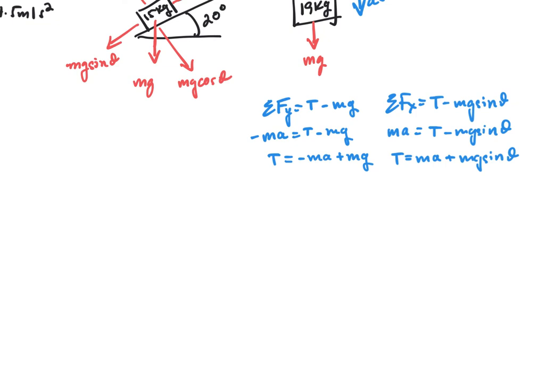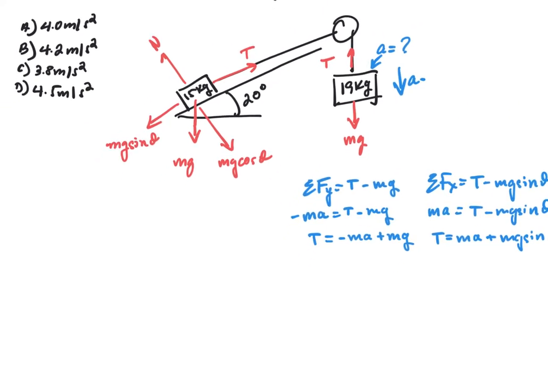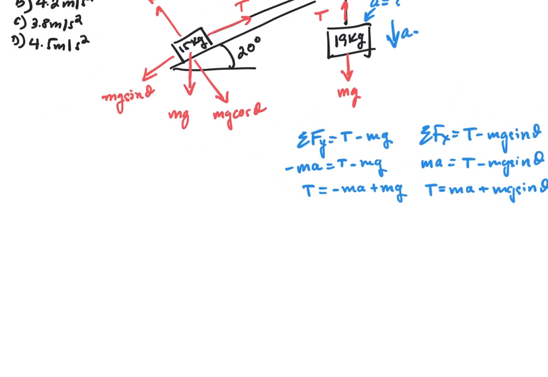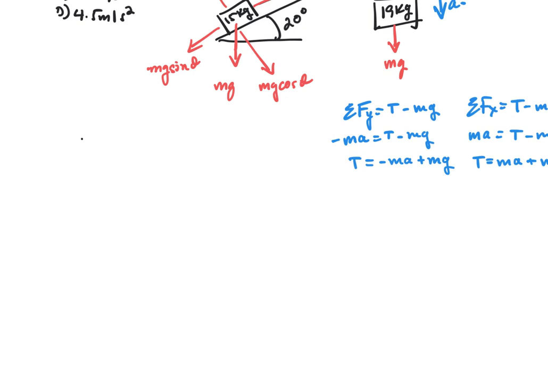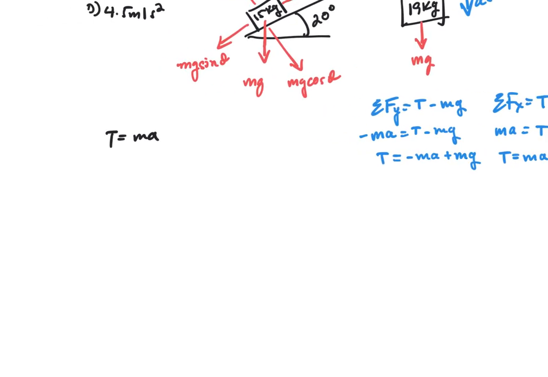Okay, so let's continue. Let's continue to solve for our y, not our y, I'm sorry, but for our x. So we know our tension is going to be mass times a plus mg sine theta. Our mass is 15, our acceleration is just a, plus 15 times 9.8 times sine of 20 degrees.